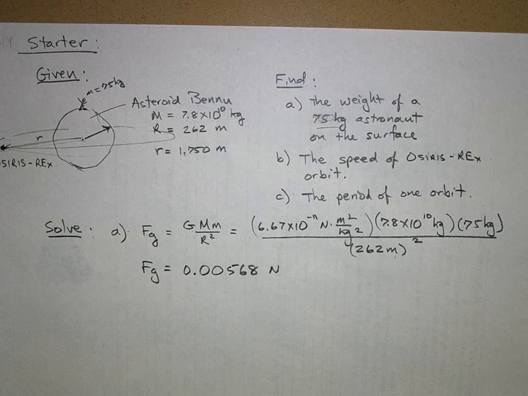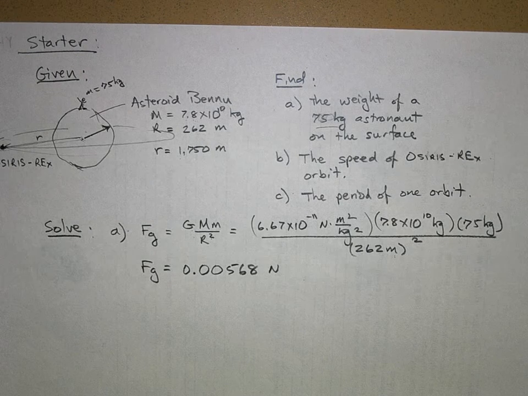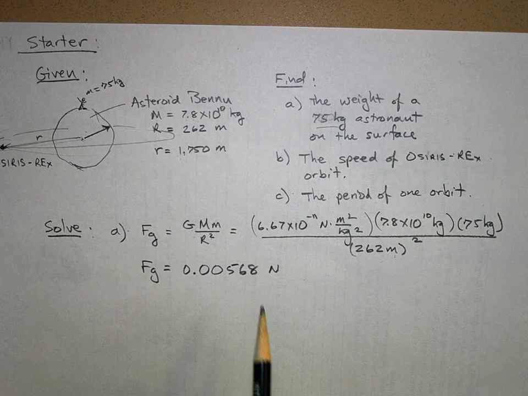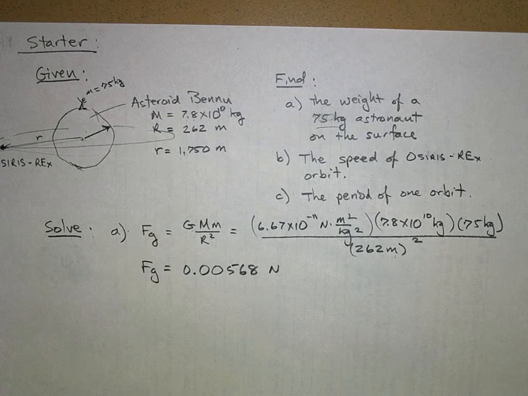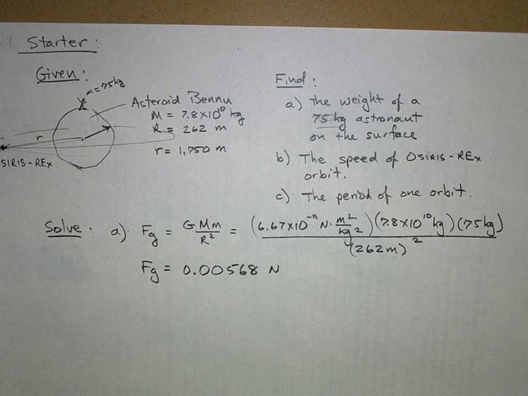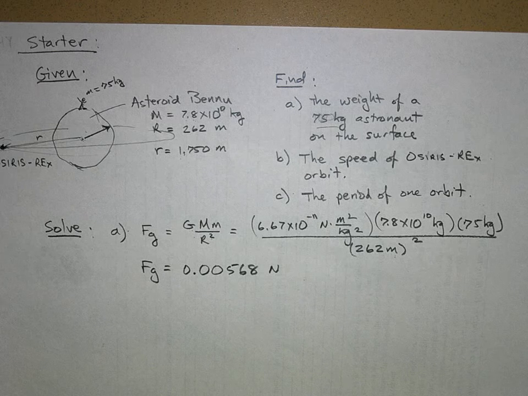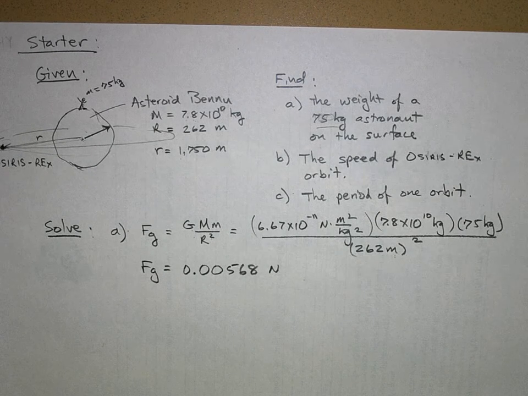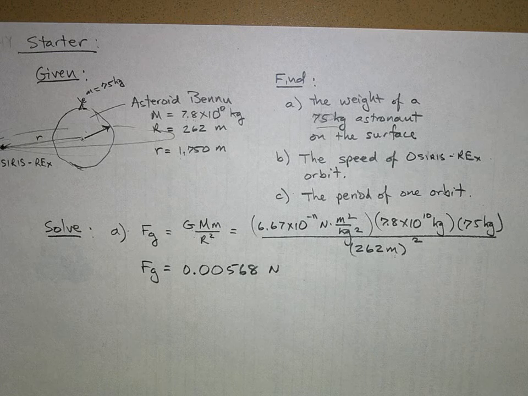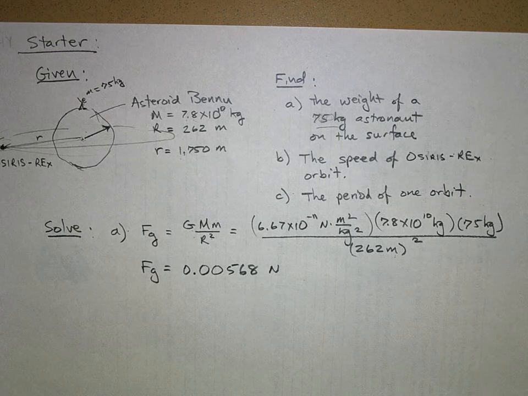And so if you were standing there and only this force was holding you to the ground, you make the slightest little twitch with your calf muscle or whatever, and off into space you'll fly. You can't really walk on an asteroid this tiny. And now this is about the size of a hill. You know, I mean, it's a nice big hill. So it really is a very small object.